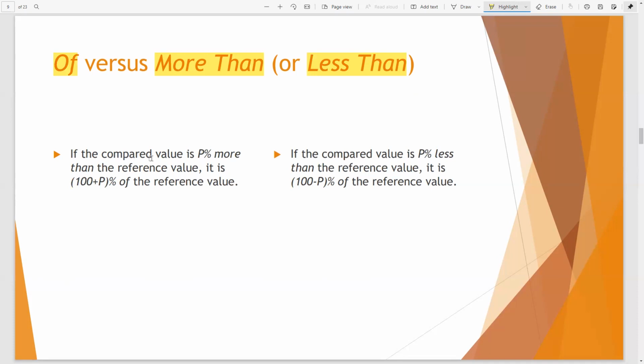If the compared value is p% more than the reference value, that is 100 plus p% of the reference value. And another thing is if it's p% less than the reference value, then that is 100 minus p% of the reference value.